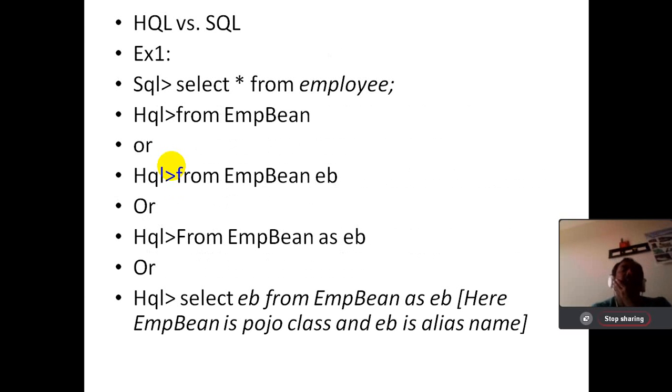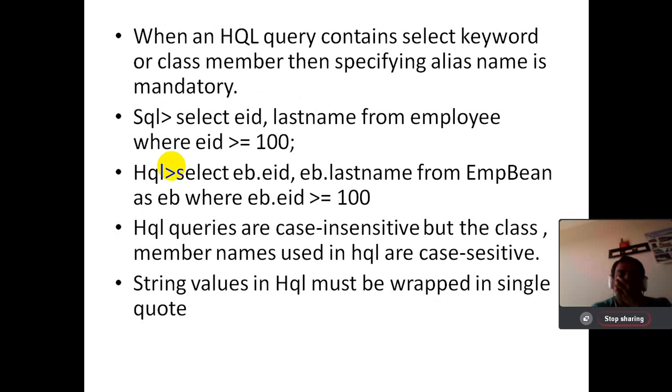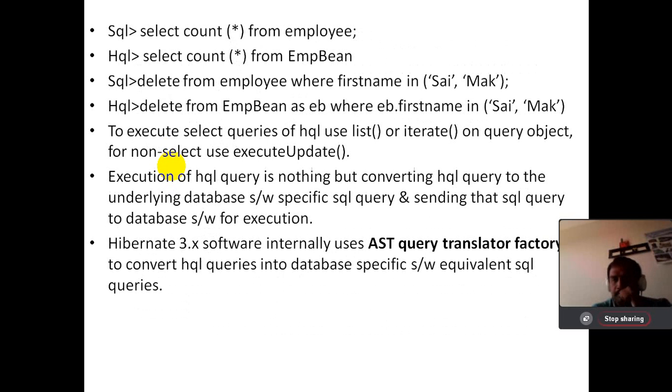If you want to write select or any class names, specifying the alias name is mandatory. String values must be wrapped in single quotes. We can even use aggregate functions like count, max, min, average, sum.